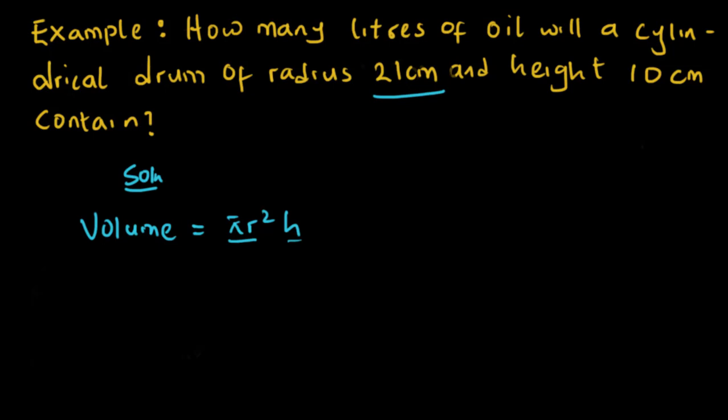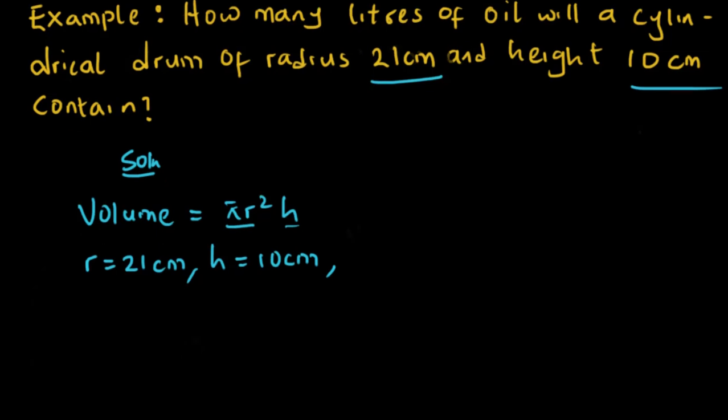Alright, so what were we given in the question? We know that the radius is 21 centimeters and the height is 10 centimeters. In this question also, we're not given pi, so we can decide to take pi as 22/7. So we slot this into the formula.